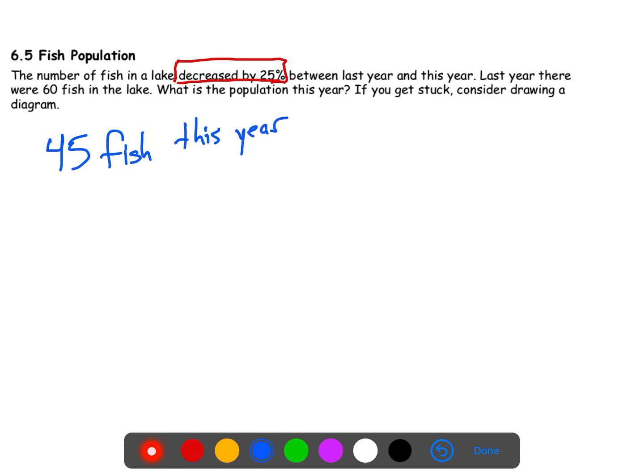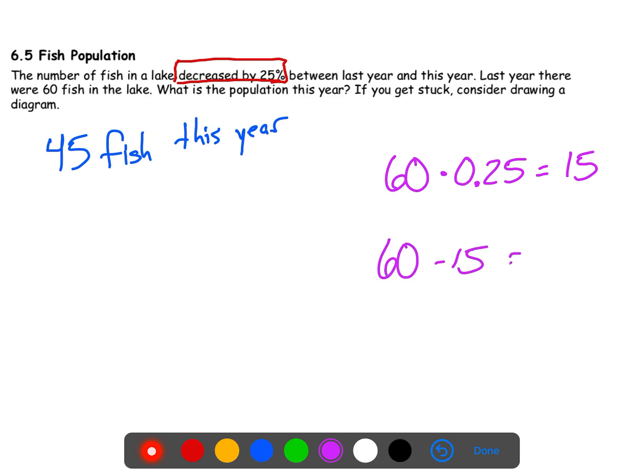Now, without a diagram, we could have done that one of two ways. Using some colors here, we could have taken all the fish and multiplied that by 25%, which is 25 hundredths, 25 out of 100. When we do that, we would get 15. Now remember, 15 is the number of fish that it has decreased since last year. So we need to go back to our original amount of fish and remove those 15 to get what's there currently.